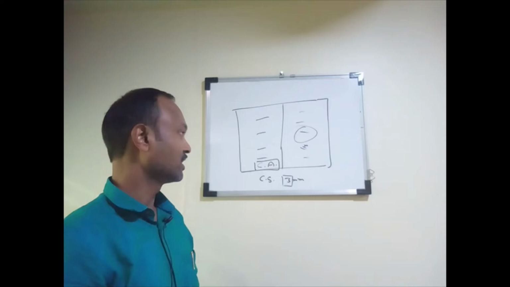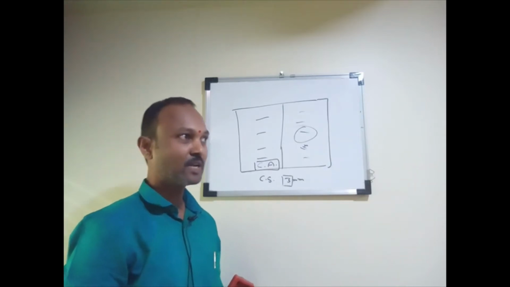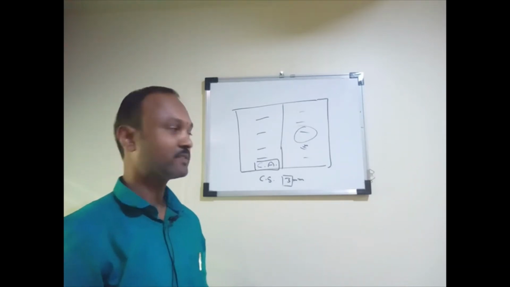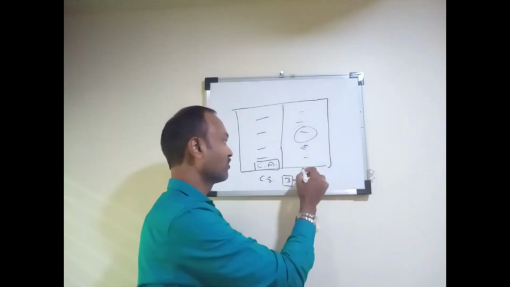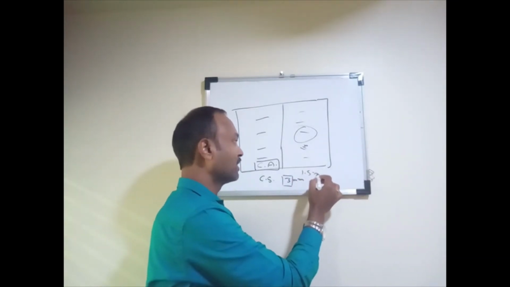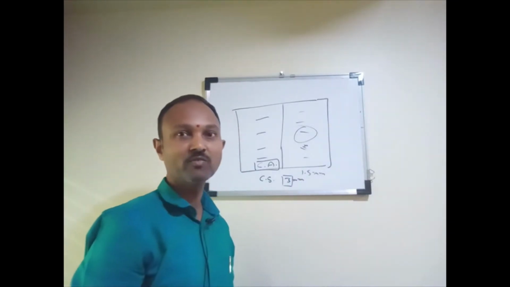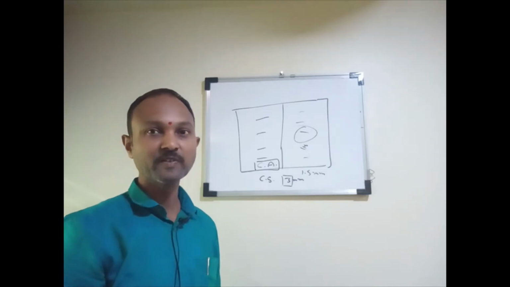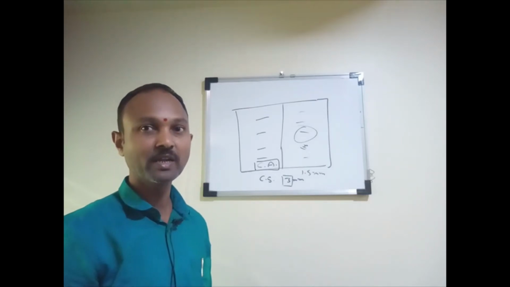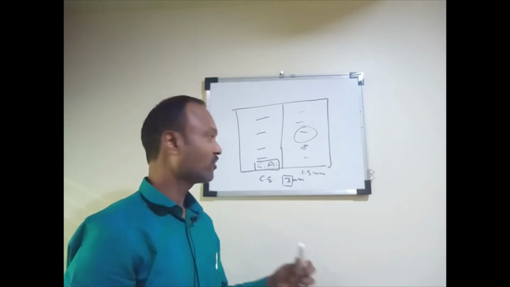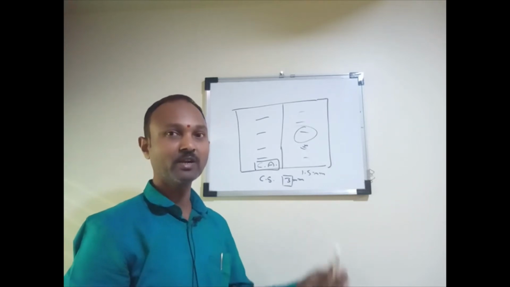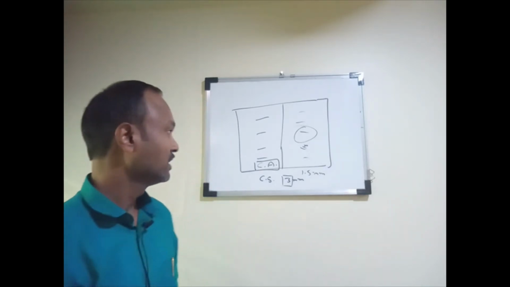So this is the corrosion allowance. Sometimes we do not indicate this and just indicate 1.5 or the like, but it's not a good practice. We have to refer to the specification and indicate it based on the life of that equipment. So this is one point.